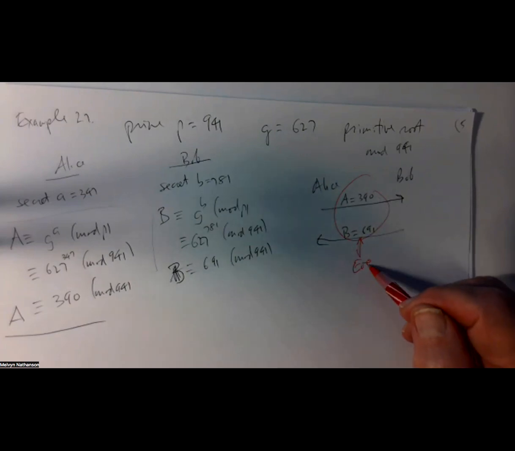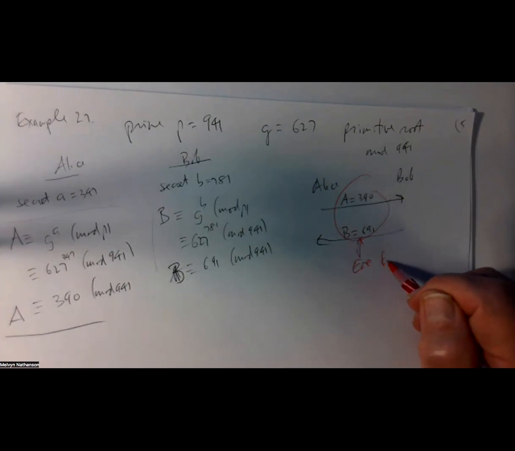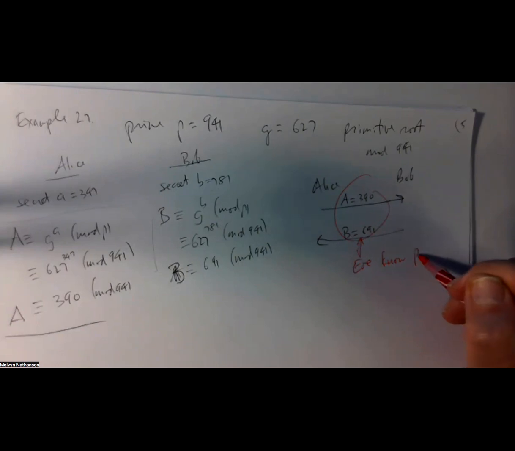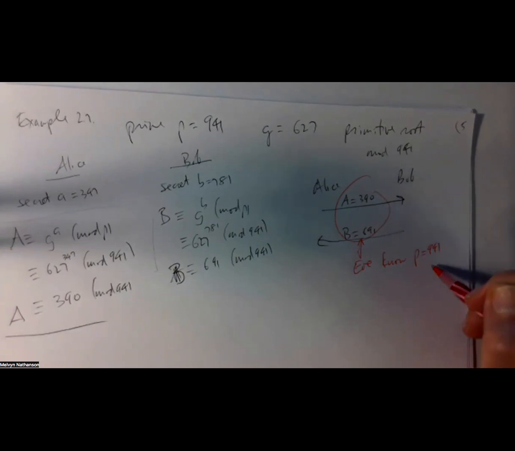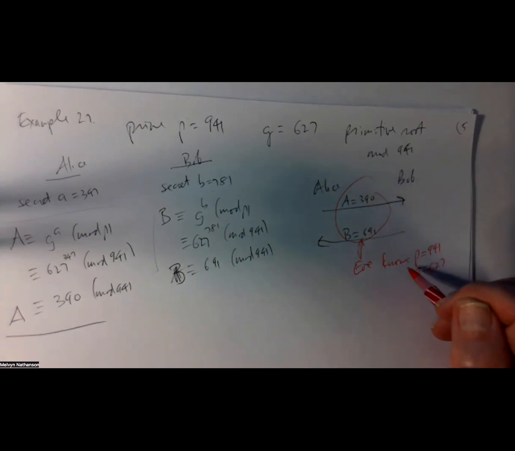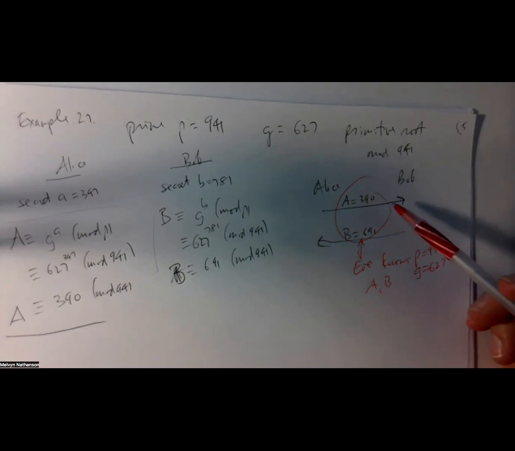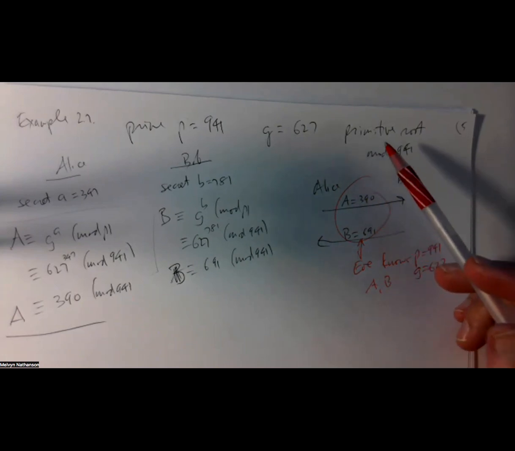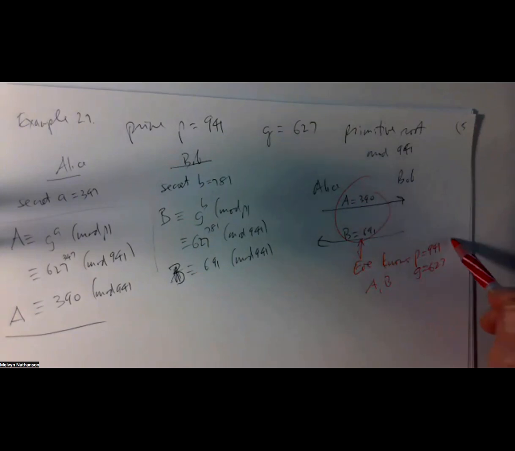So what does Eve know? Eve knows the prime P is 941, the primitive root is 627, and she also knows A and B. So Eve knows these two numbers. She knows the prime and the primitive root.